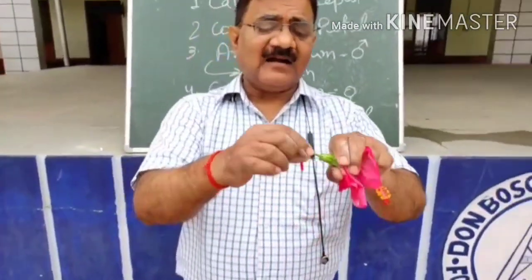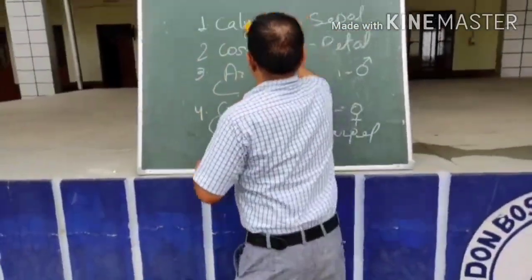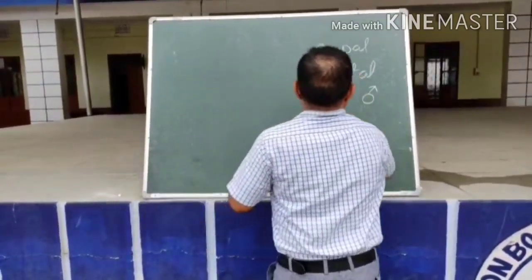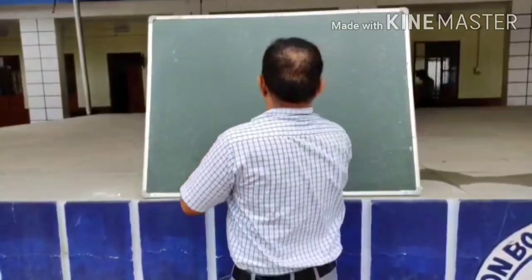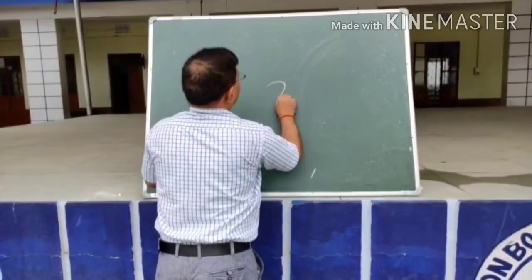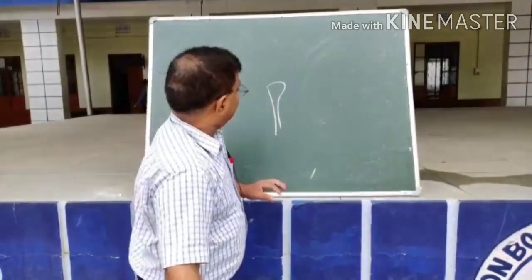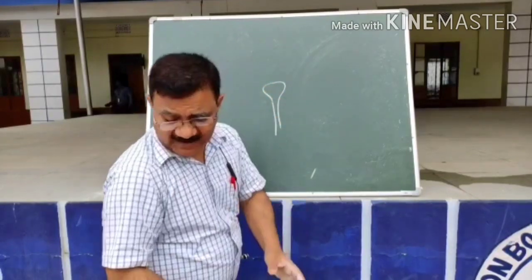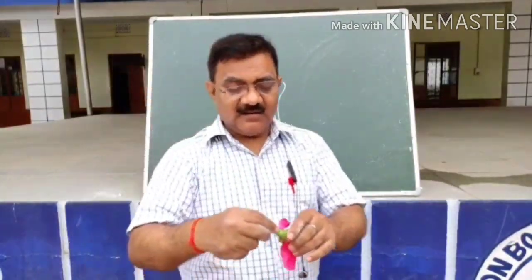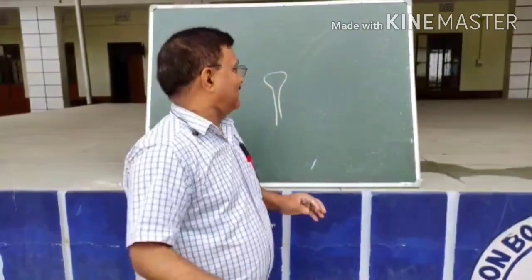See this part, just below this. Here in the flower you can see such a part. It is not necessary that it is present in each and every flower. This lower part is the stalk or pedicel.